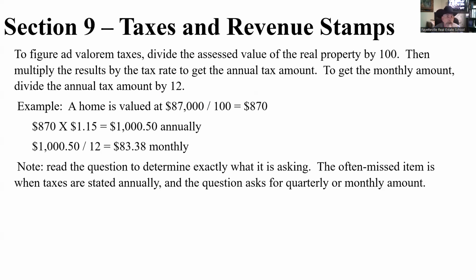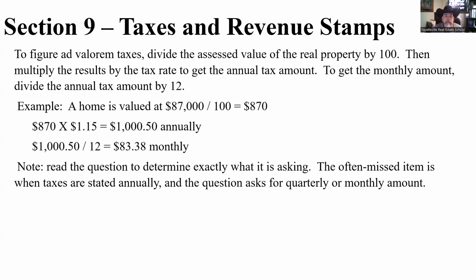Now, some of the problems are going to say the house sold for $200,000. The assessed value is 80% of that. So you're first going to have to compute the assessed value by multiplying the sold value times the 80% to get the assessed value of the property. All right.